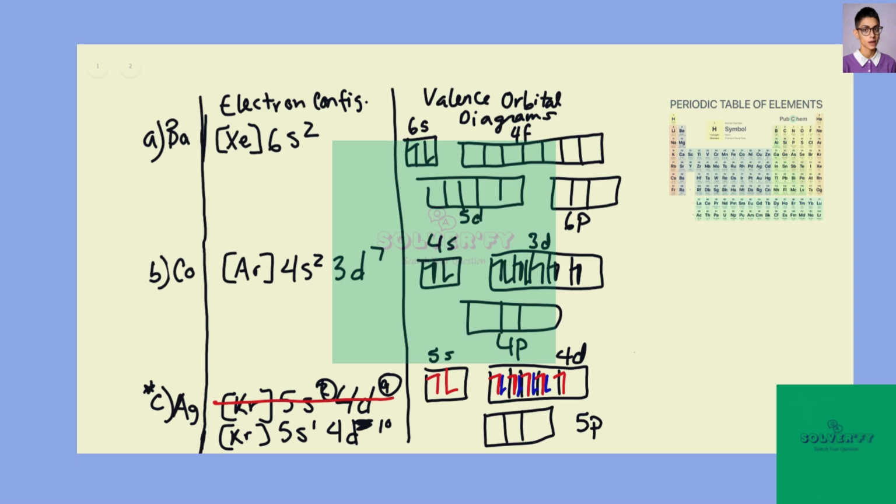But this guy by himself is not so happy. So we come back and we say, you don't get to live here anymore. And he comes back and he'll pair off there. So the D block is filled, even if it's at the expense of the S block.